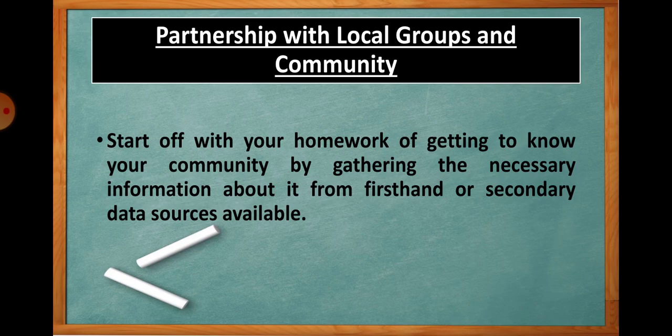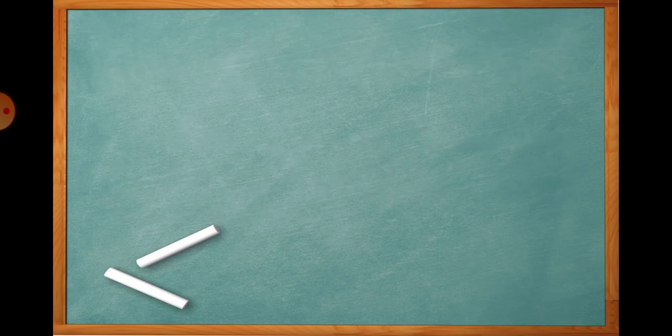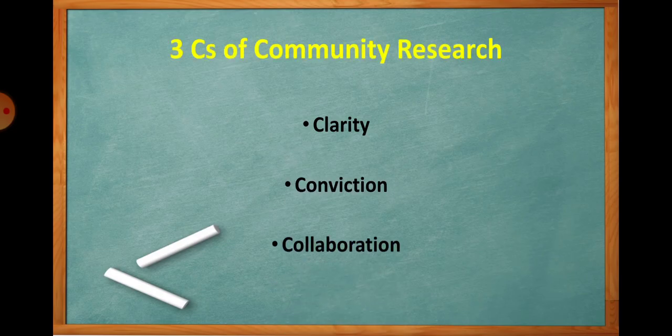Building trust with your community starts with yourself by observing the right values and ethics of community research. So remember the 3 C's of community research: clarity, conviction, and collaboration. In clarity, be clear with your intention and be sensitive to the mores, ethics, and values in the community.